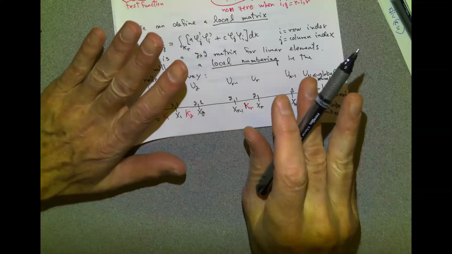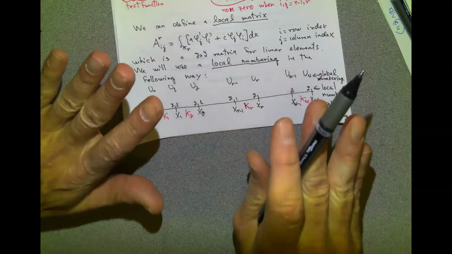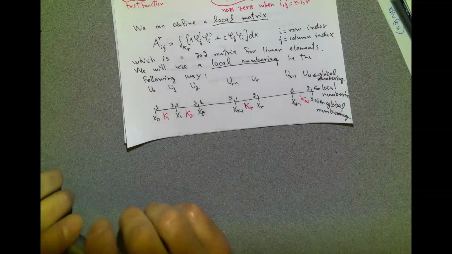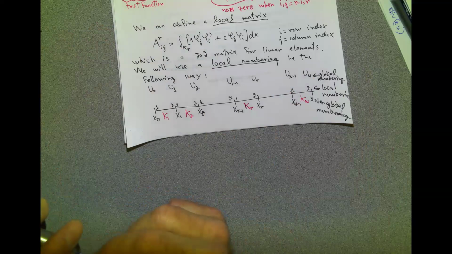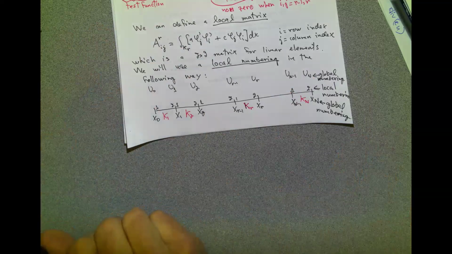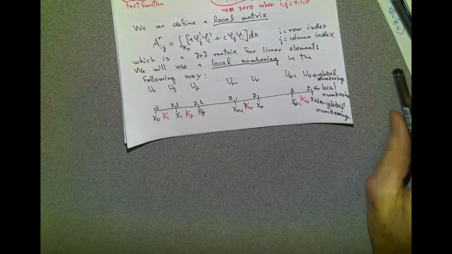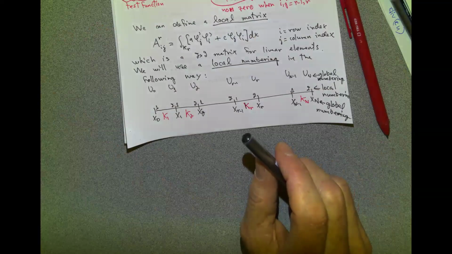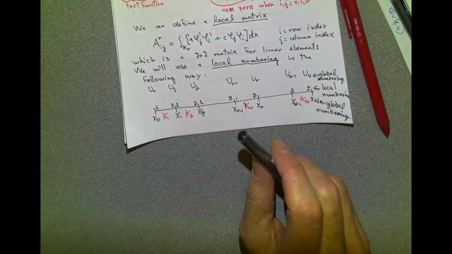If you understand this in 1D, when we get to 2D, it's going to be relatively easy, but I will have to organize the information in 2D. It's going to require a bit of care because we will have triangles, we will have quadrangles and things like that. So it's going to be a bit more challenging, but the idea is going to be the same. Okay, so I will define the data structure next time, discuss a bit the assembly.